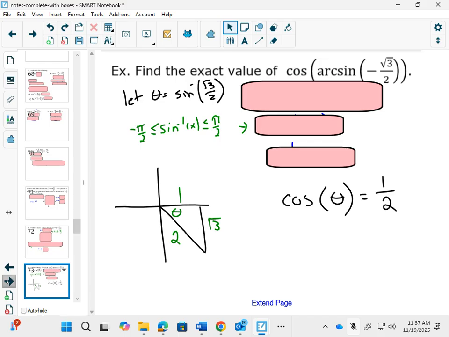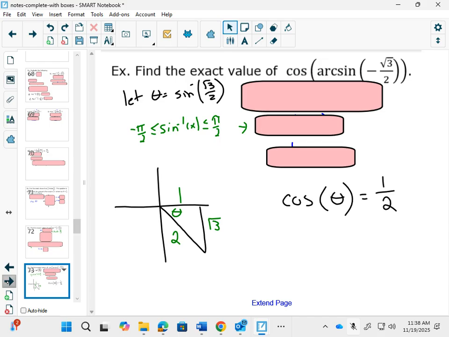If you did this the long way, you would have to say, from my unit circle, is the answer ever root 3 over 2 for sine? Oh yeah, that's my pi over 3 family. This is extra thinking you don't need to do. But yes, you could say it's your pi over 3 family, and because it's negative, it would have to be in quadrant 4, so it would be negative pi over 3. Then I have to figure out cos of negative pi over 3. And I'd be like, that's in quadrant 4.